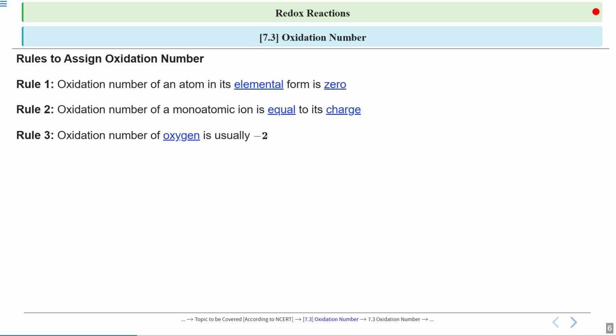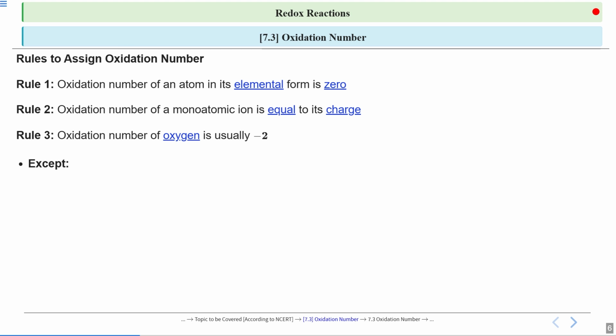Here we find something different, because we have come across many compounds in which the oxidation state or oxidation number of oxygen does vary. It does not usually have a -2 oxidation state, but the rule says that. So how can we understand it? We can understand it with the help of some examples.